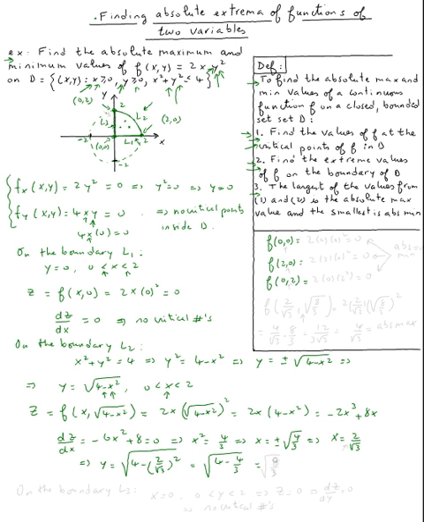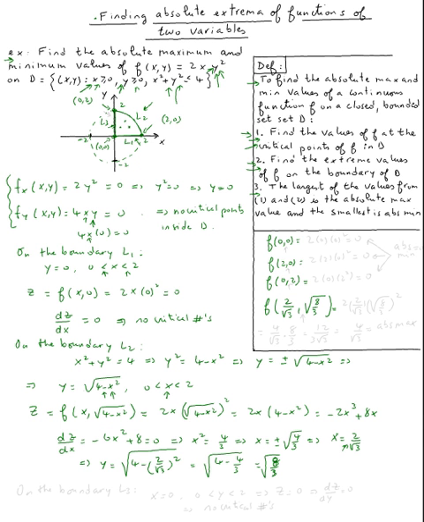Now this is going to be the square root of 12 minus 4 over 3, which is the square root of 8 over 3. Alright, so our next point will be, so we need to evaluate f where x is 2 over the square root of 3 and y is the square root of 8 over 3.